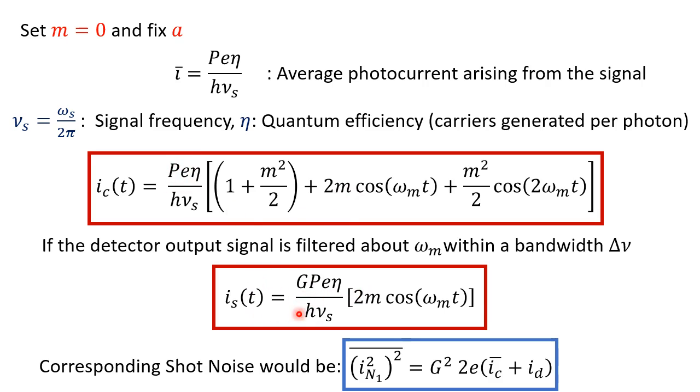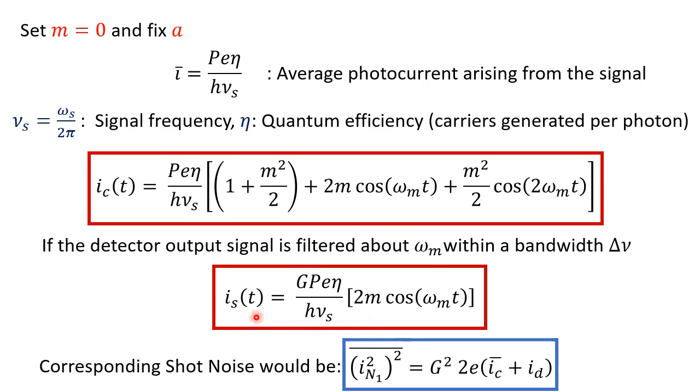So this is how I can isolate a particular band with a bandwidth, let's say delta nu, about this omega m, and I would get the current associated with my signal. And I have multiplied by this factor G to tell you how the multiplication process across this photocurrent is getting multiplied by a factor G, and this current is what is going to contribute to the noise as well, which is the shot noise.